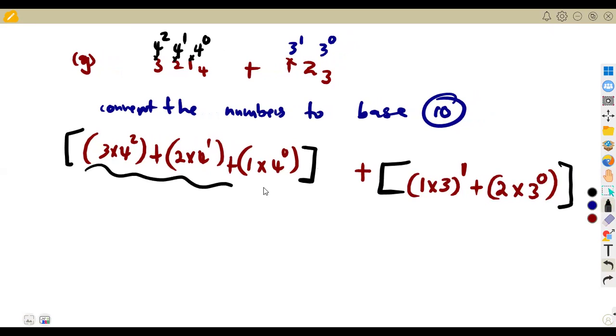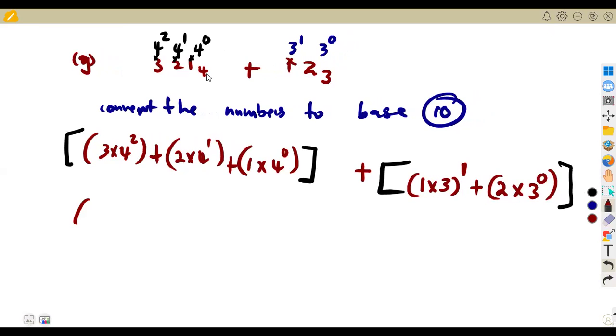So combine this, it's a single number. Like I said, it's a single number. So that is going to be what? 4 squared, that is 4 times 4, which is 16 times 3, which is 48. Let's confirm with our calculator here, but that is 48.